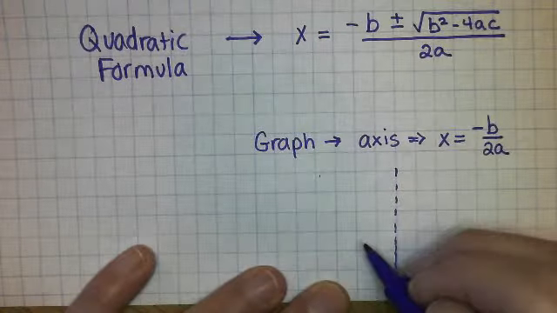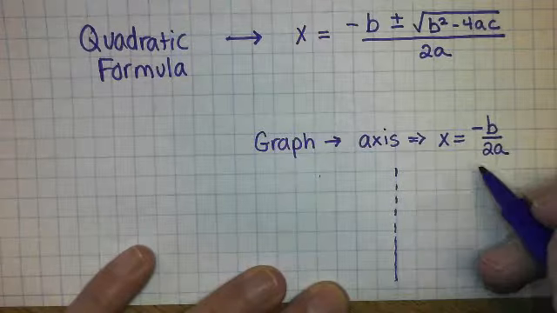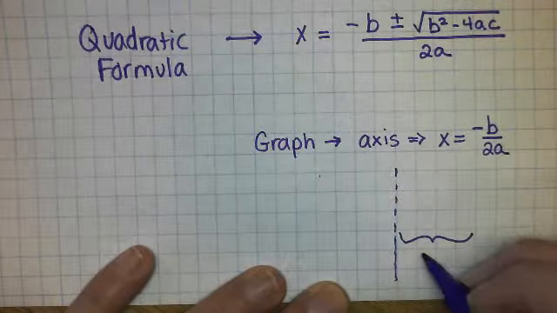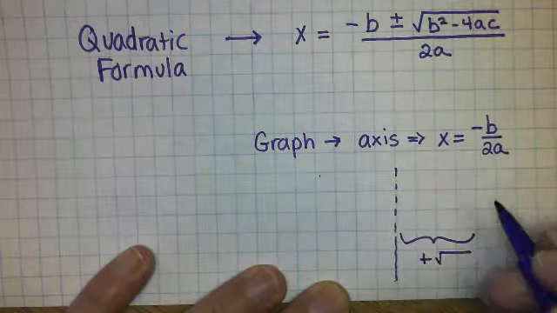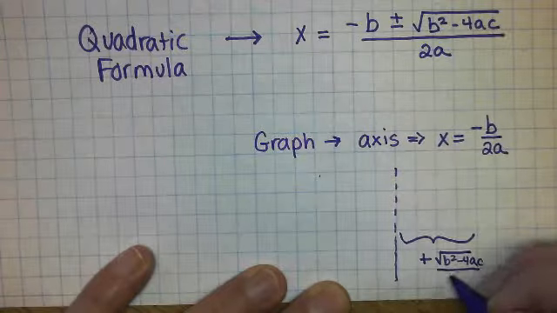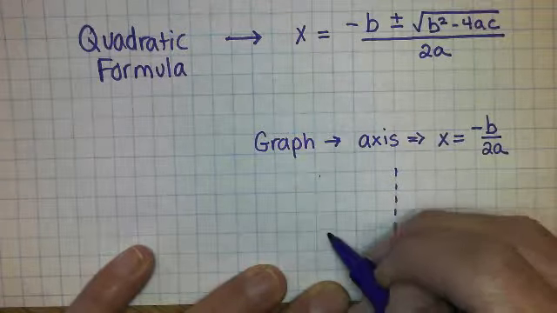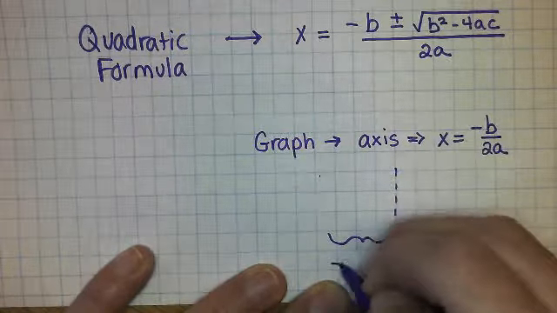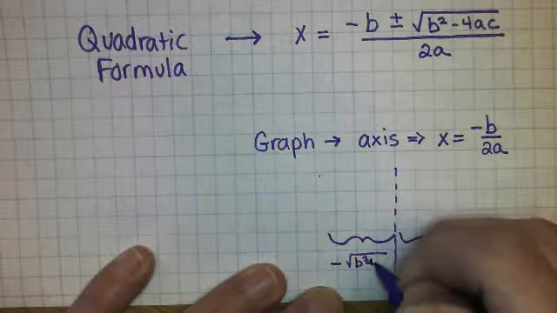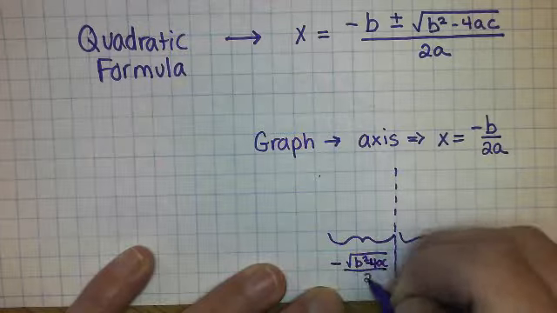And then the plus or minus, because we know this is the negative b over 2a, if I move over to the right, positive square root of b squared minus 4ac over 2a. And if I move to the left, which is negative square root of b squared minus 4ac all over 2a.